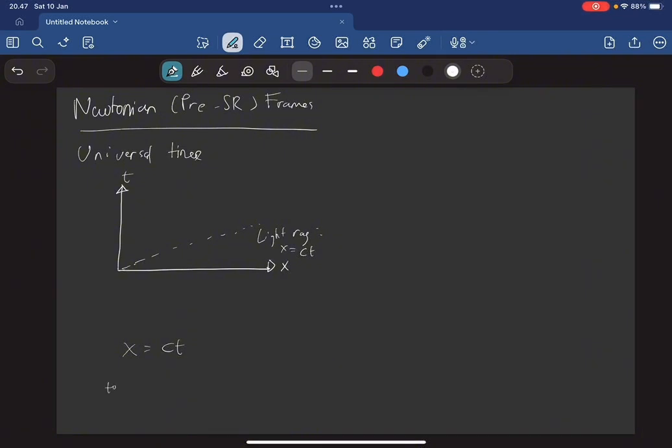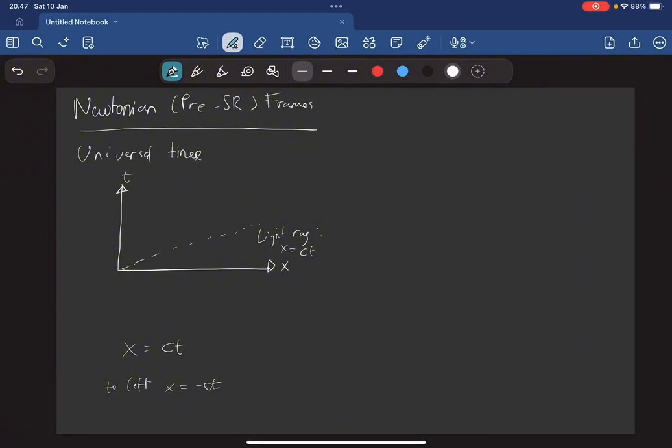A negative velocity just means moving to the left. In the various figures that follow, I will draw them as if my frame is moving to the right, v positive.